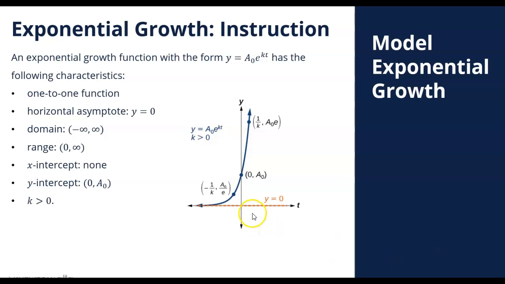And also, since we have the horizontal asymptote at the x-axis, or the line y equals 0, we could say that the graph here does not cross the x-axis. It's asymptotic to the x-axis. So therefore, we do not have an x-intercept for our exponential growth function.